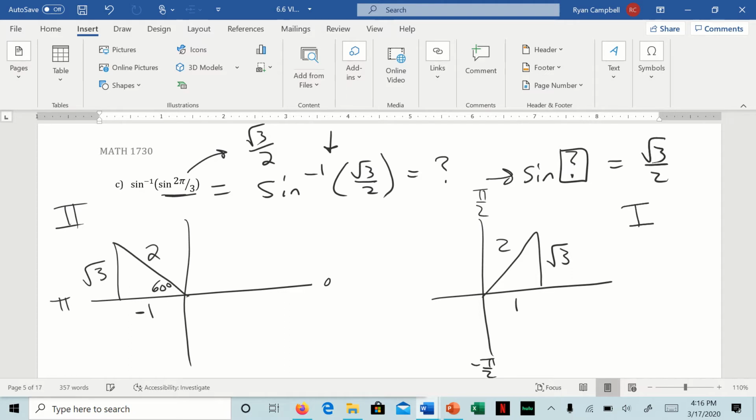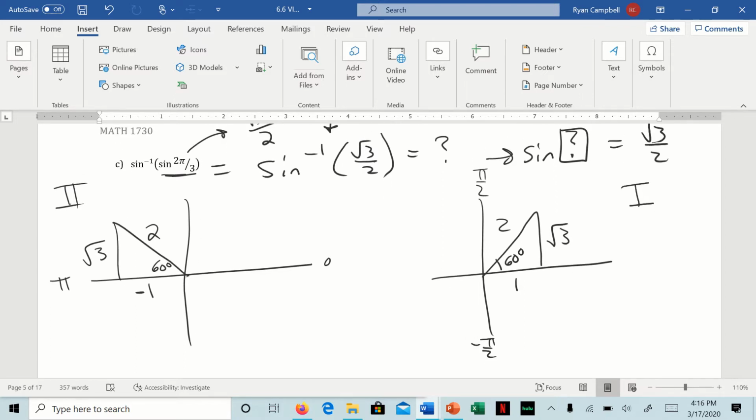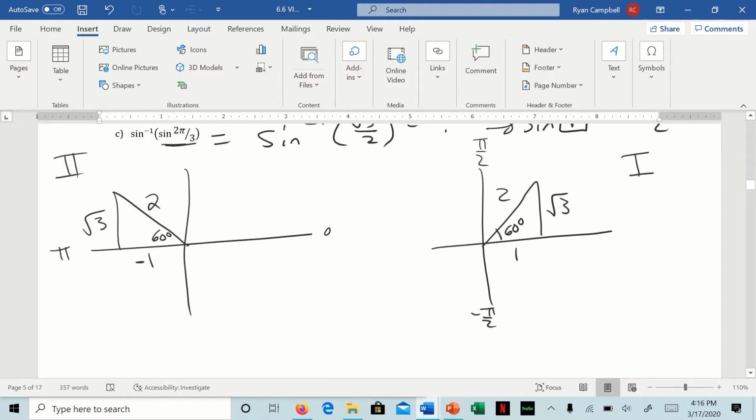We know 1 is going to be the adjacent by Pythagorean theorem, so we can see that this is just 60 degrees. And that's what we're trying to figure out, right? What is x? We've been doing this already, we're just writing it a little differently now. So the value that we're looking for, in radians, is pi over 3. So we see this actually is different, and that's why it's important to know the process as well.